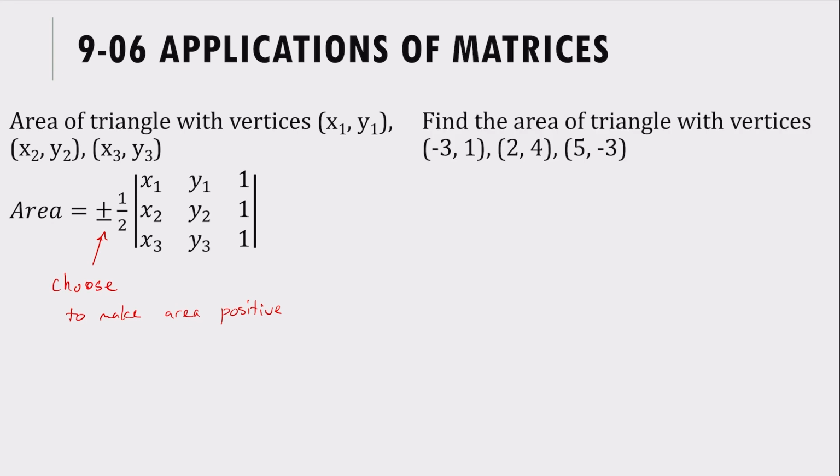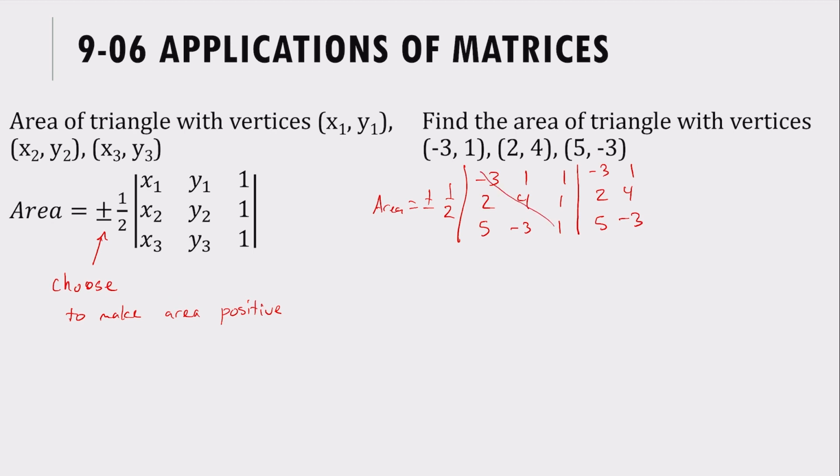So let's find the area of the triangle with these vertices. So our area is plus and minus 1/2, and then the first point, 1, and then the second point, 1, and then the third point, 1. Let's use the shortcut to find the determinant.